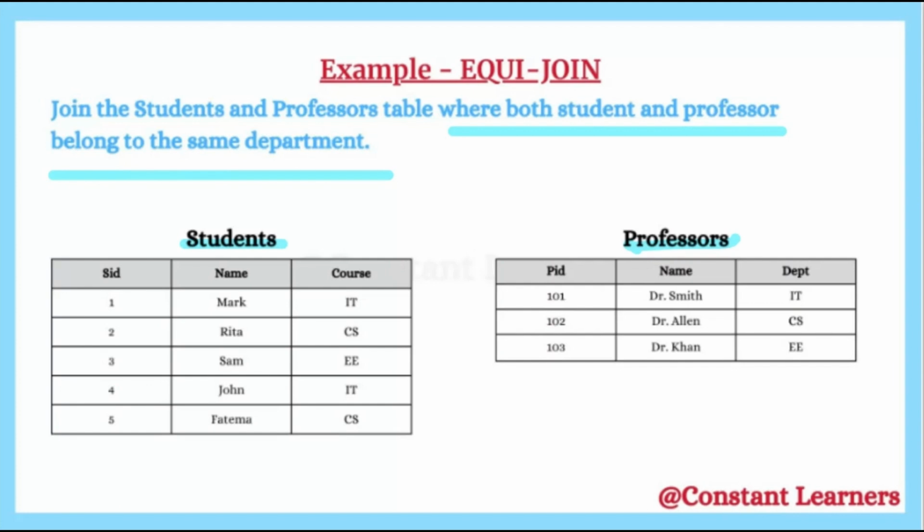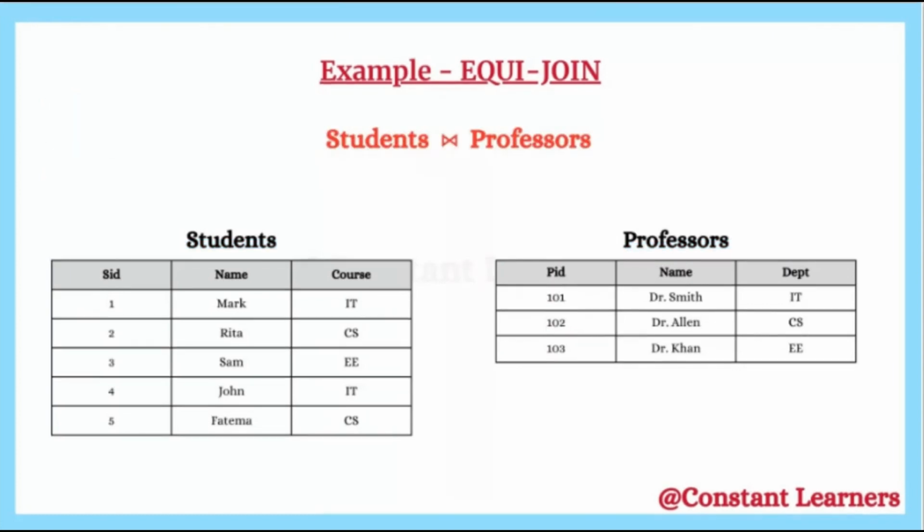So the table will be joined only for the rows where the course for the student is same as the department for the professor's table. Alright, so we start writing the query starting with joining the two tables, that is students join professor's table. And the join condition is to be written in place of theta, where the condition is students dot course is equal to professors dot department.